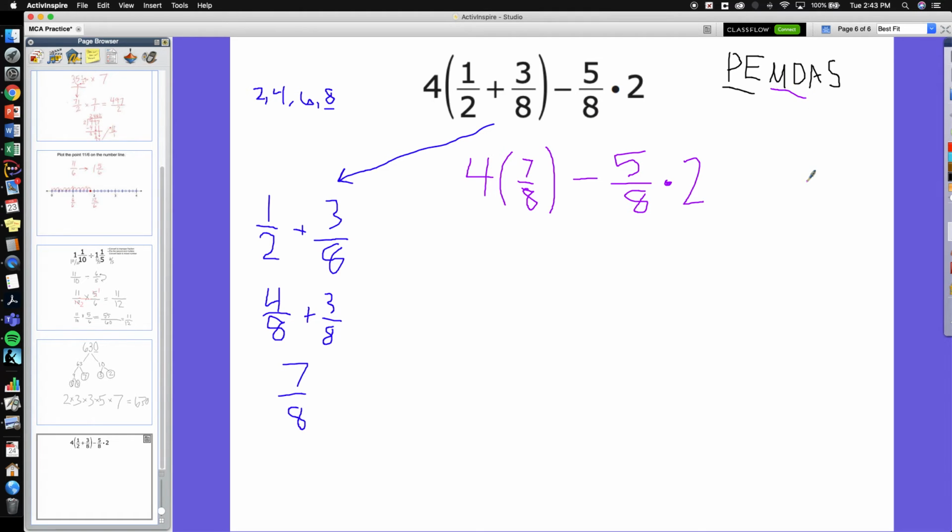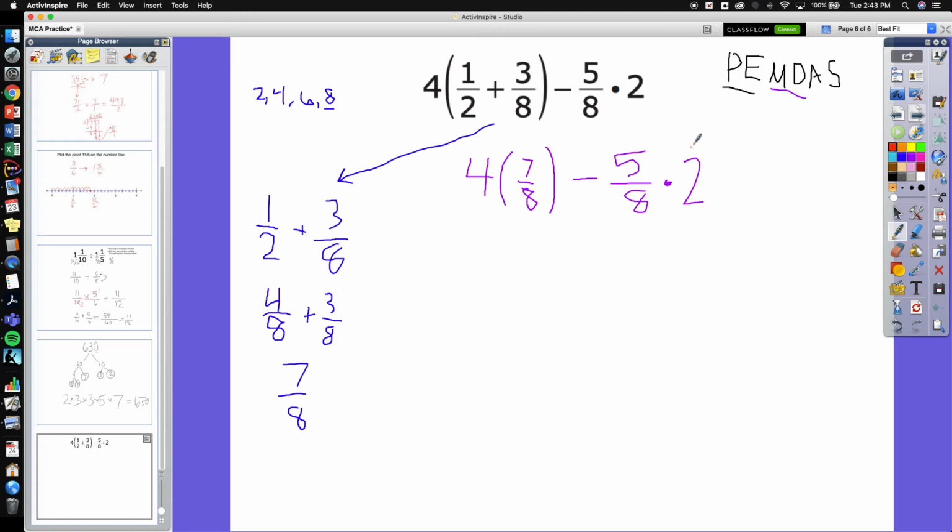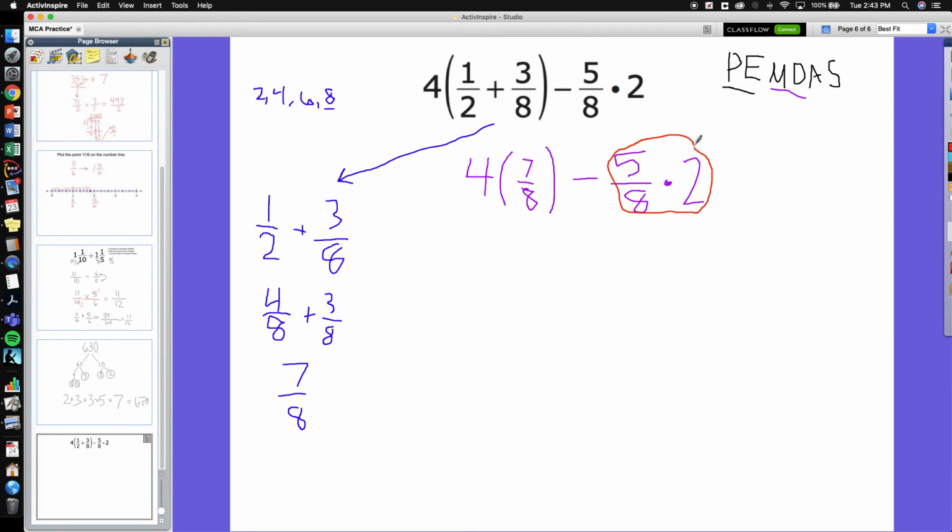We don't have division, but we do have some multiplication. We have the multiplication right here, and we have multiplication right here. Whenever you have a number next to parentheses, it is implied that you are multiplying whatever's on the outside by whatever's on the inside. So let's break these out.